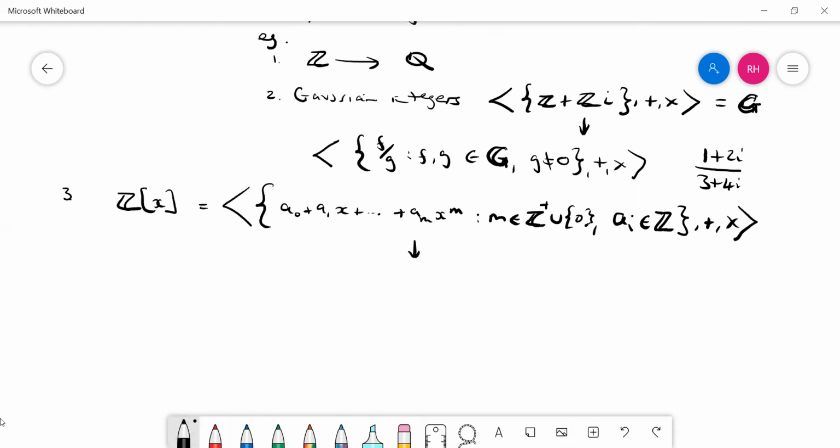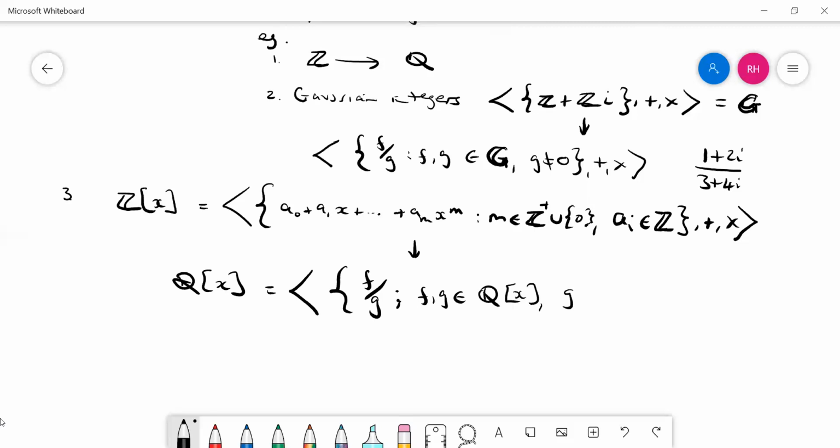It's actually Q(x), which is equal to the set of F on G, and this time I can actually name F and G: they are in Z[x], and G had better not be equal to 0, with plus and times.